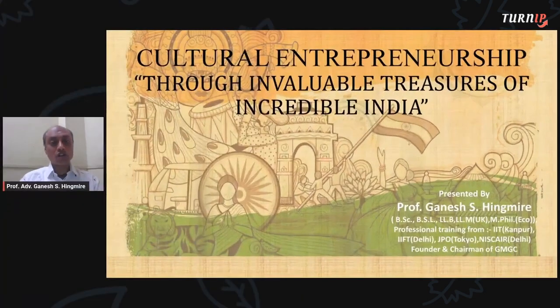So I would be taking you to the next stage of commercialization of intellectual property right, called communities' intellectual property right. By name, you can say geographical indication, that is GI. There are different types of communities involved for GI, and GI is geographic specific.